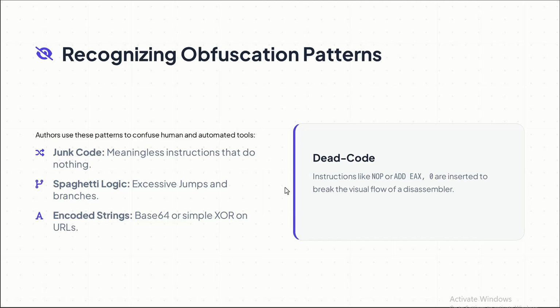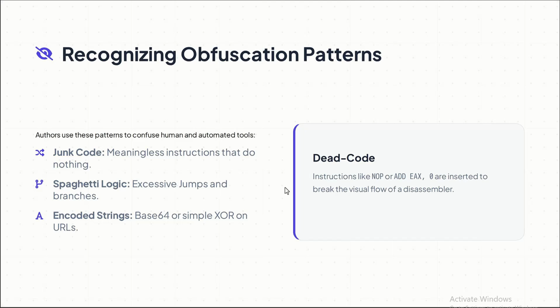Well, another pattern is spaghetti logic, which is excessive jumps and branches, and the last one is Base64 or simple XOR on a URL. A good example of dead code is instructions like NOP or add EAX, 0 inserted to break the visual flow of the disassembler.